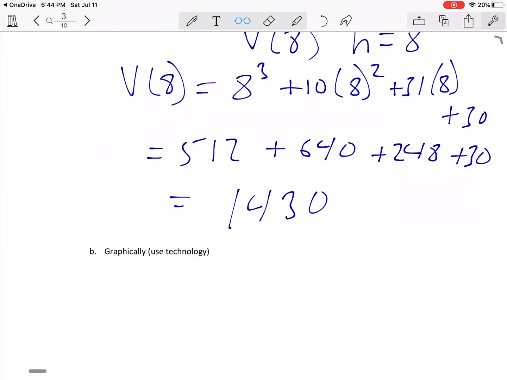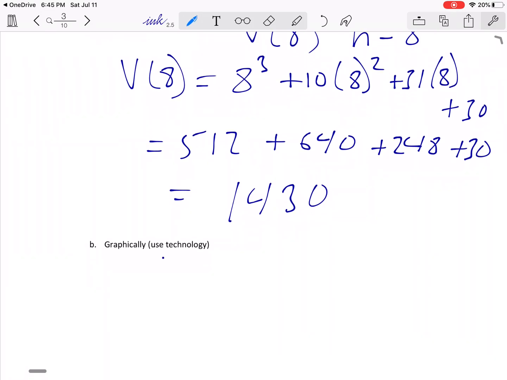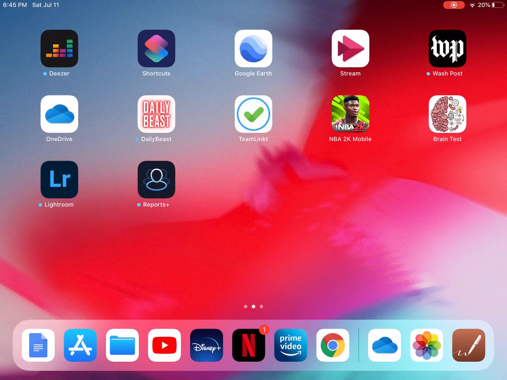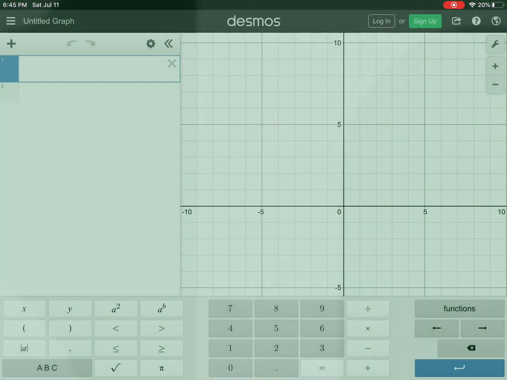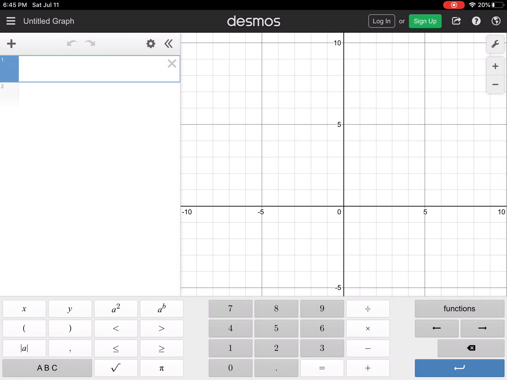Now you can also figure this out graphically, using Desmos. Okay, so let's have a look at that. Again, you should be familiar with the app. Hopefully, you've had a chance to use it. So now we don't have to use the h.